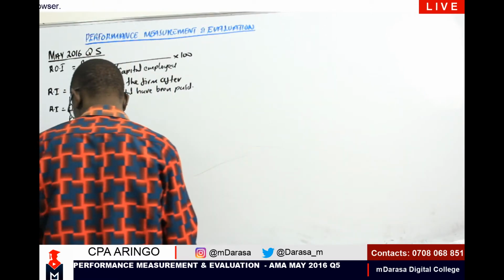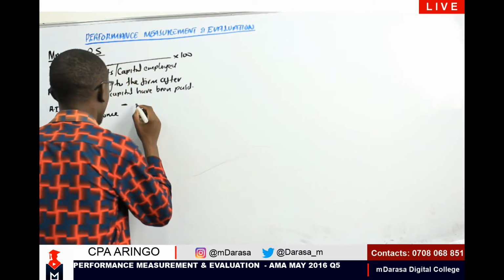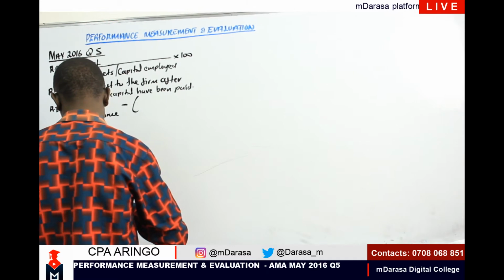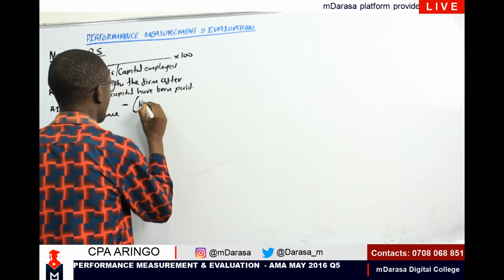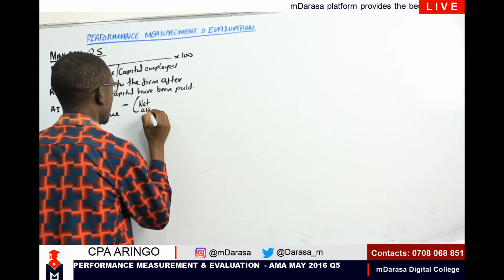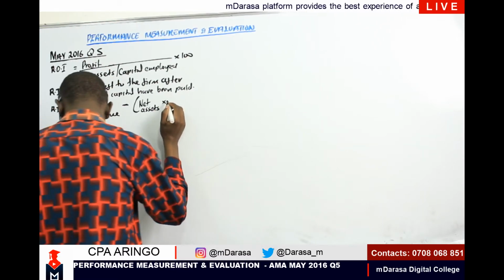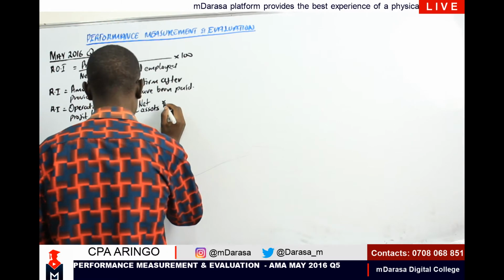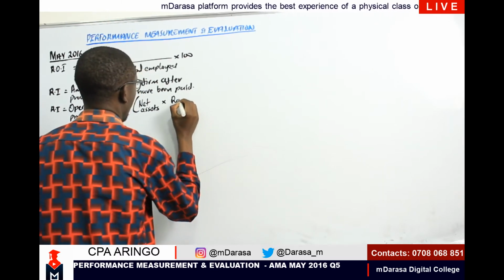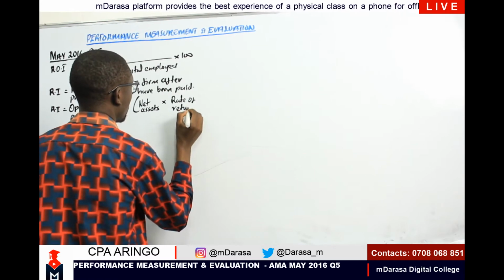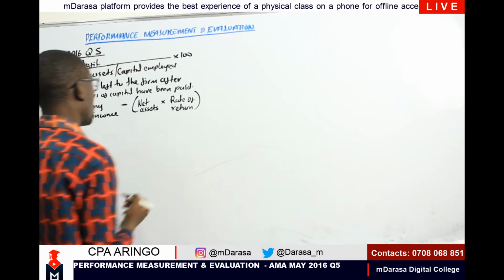So in this case, we are talking of our net assets, or operating assets, times our target rate of return.